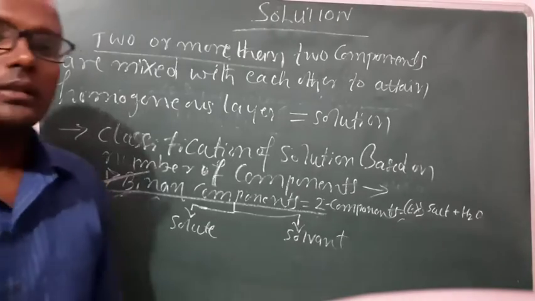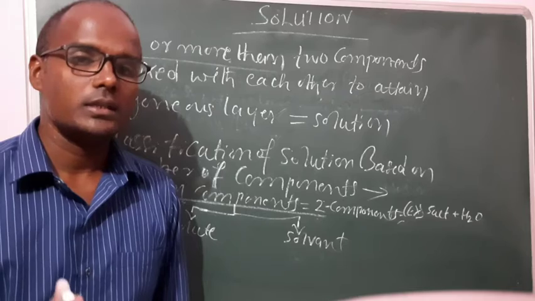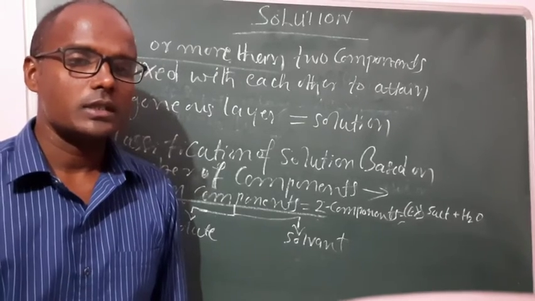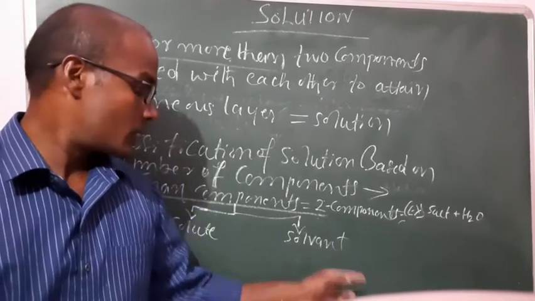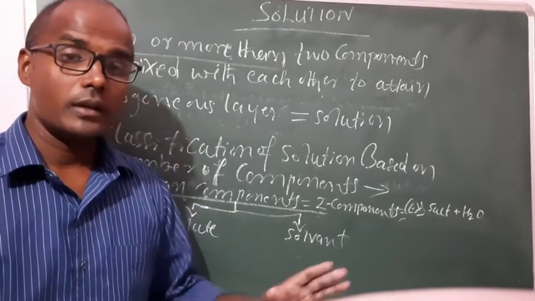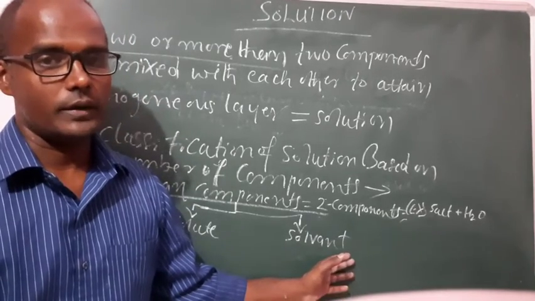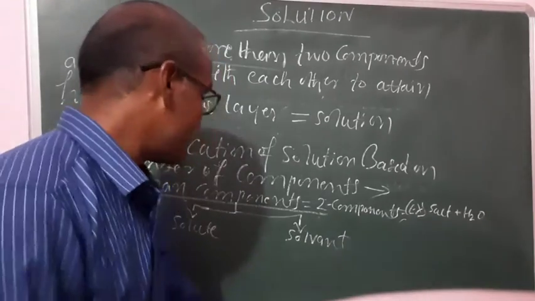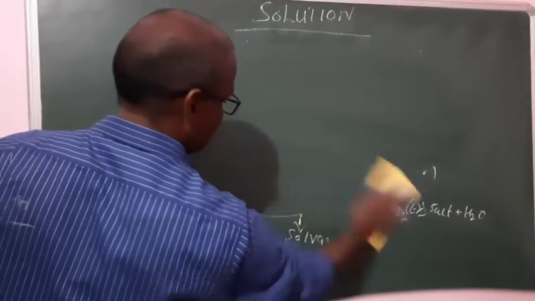The solute means the substance which loses its identity is known as solute. Solvent is the substance which does not lose its identity, known as solvent. Right. Okay, I will write the definition here. First I will write the definition.